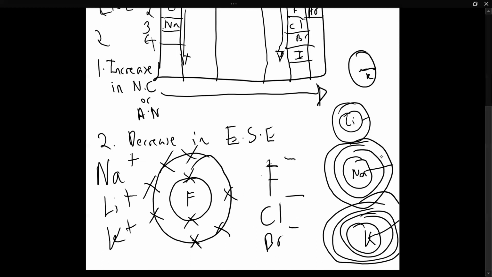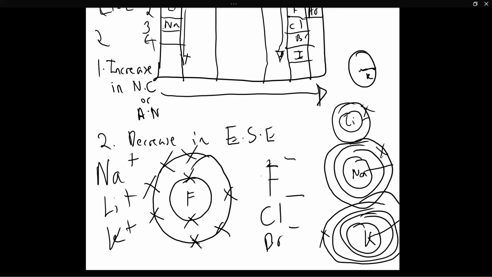And that means that the valence electrons, the electrons that are in the final shell, are moving further and further away from the nucleus. This means that the force of attraction of the nucleus on the outer electron decreases because they're getting farther and farther away from the nucleus. If you have ever played with magnets before, you know that if you get two opposing magnets like north pole and south pole close enough together, they will automatically attach.